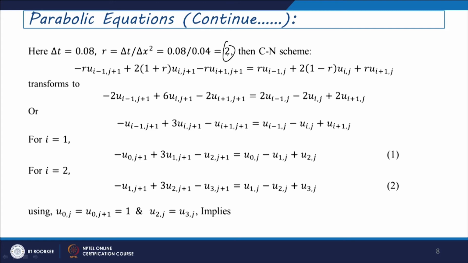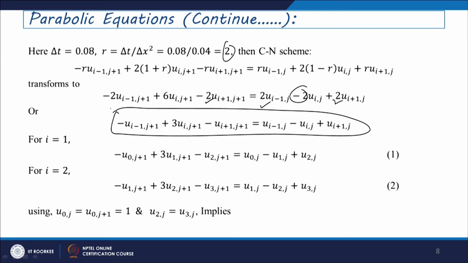If you put all these coefficients in the form of r, it is minus 2, then 6, then minus 2, then 2, then 2 into, sorry, 1 minus 2, which is minus 2 here. Then this is 2 here. If we take 2 common from both sides and cancel, we obtain this equation in this form.